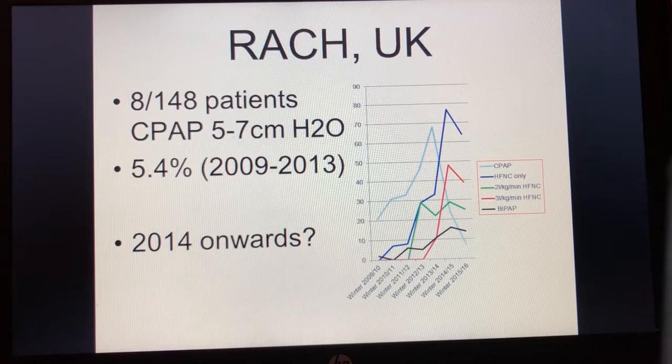Suggesting that there's a group of patients in whom 2 litres per kilo, if given early enough, works fine, and that escalating to 3 litres per kilo per minute is required in some patients who previously we were giving CPAP to.